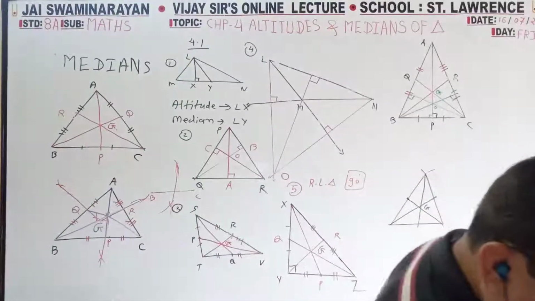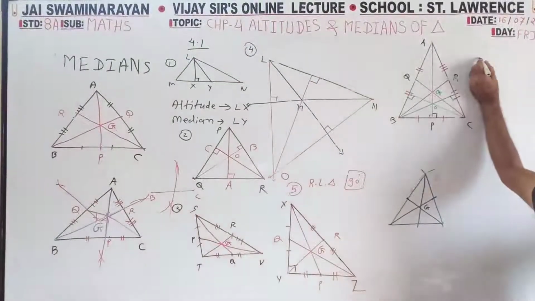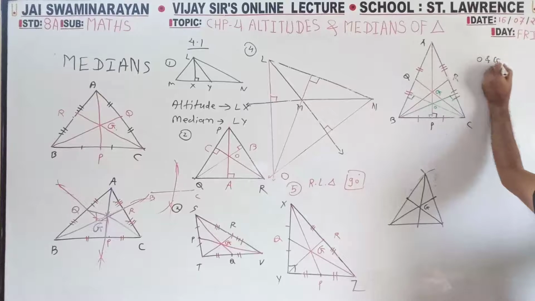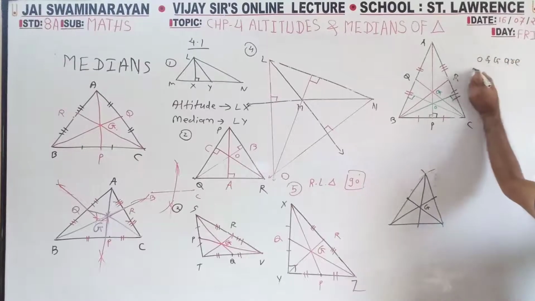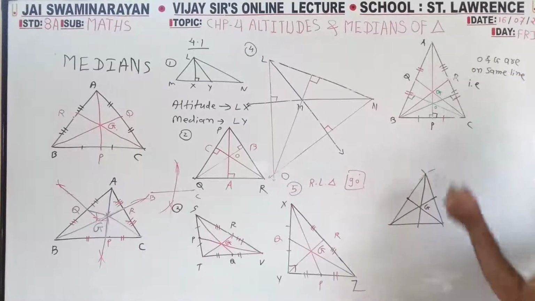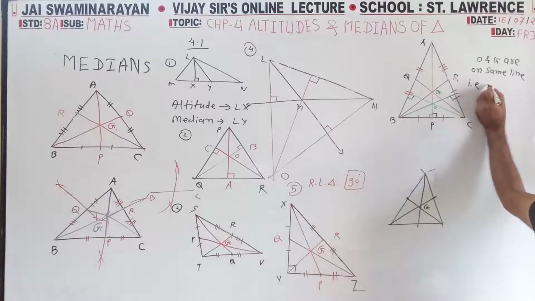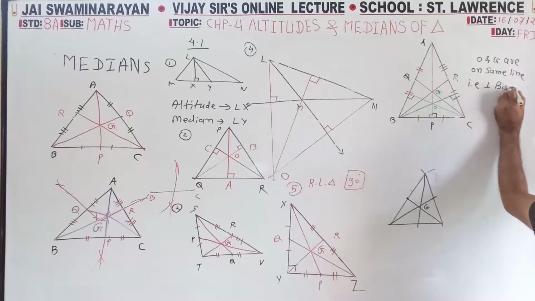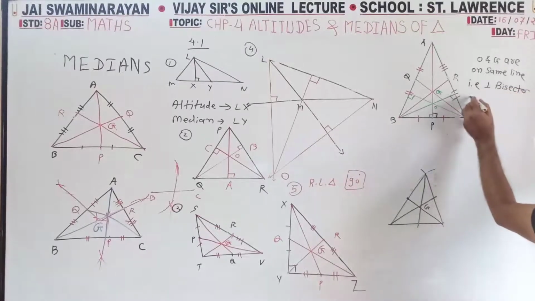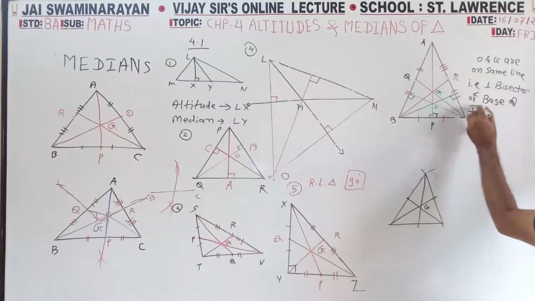At the end, what will you write? O and G are on the same line. That is what? Perpendicular bisector of the base of the isosceles triangle.